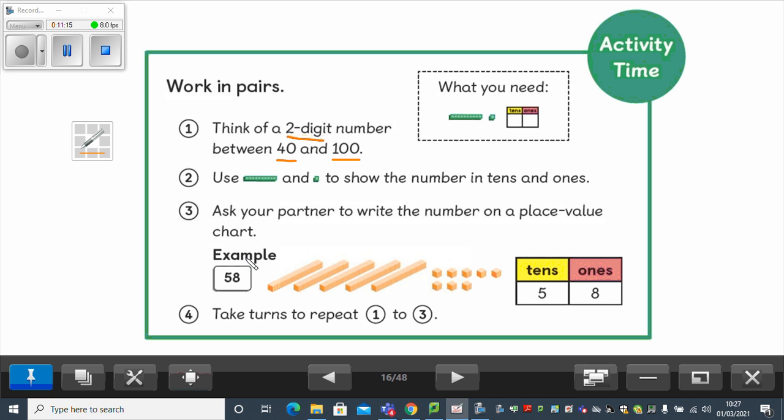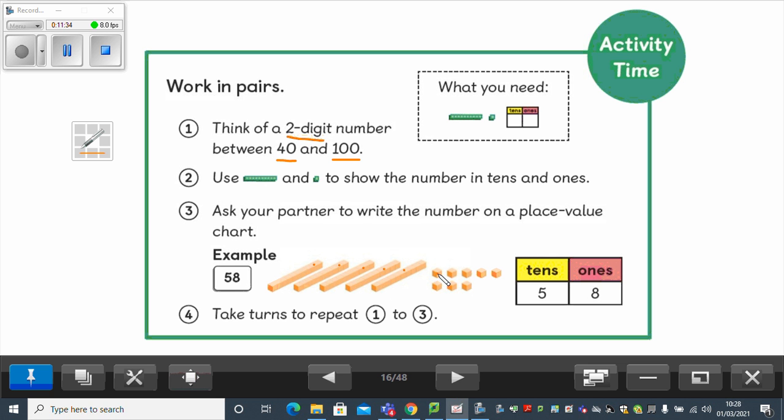Let's look at an example. So here we have the number 58. So they've drawn 1, 2, 3, 4, 5 tens rods, because that is a digit 5, meaning our 5 tens.